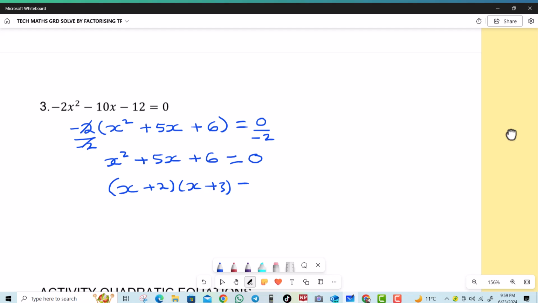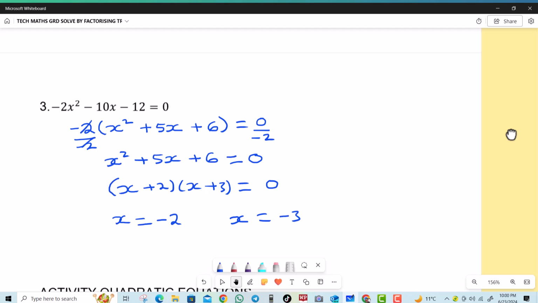Meaning either x plus 2 equals 0, which gives x equals negative 2, or x plus 3 equals 0, which gives x equals negative 3.